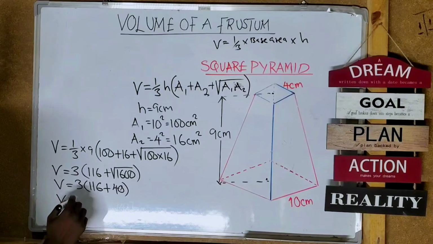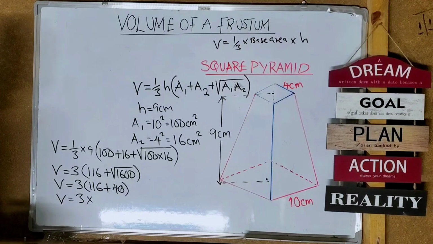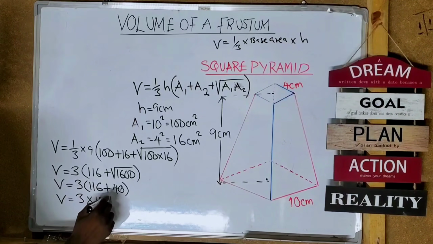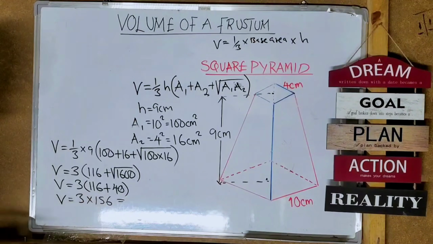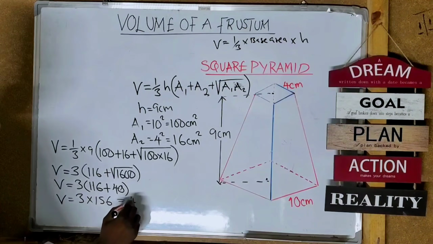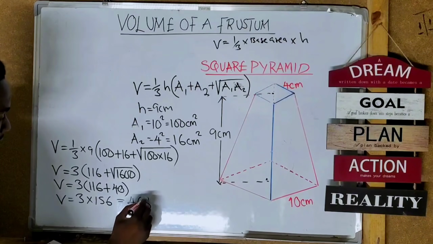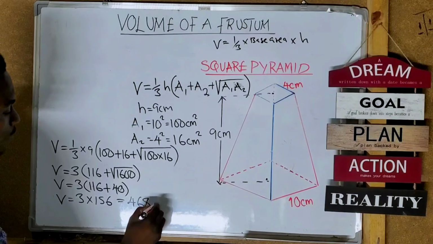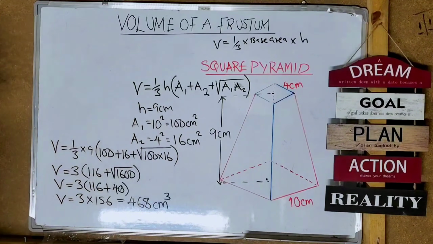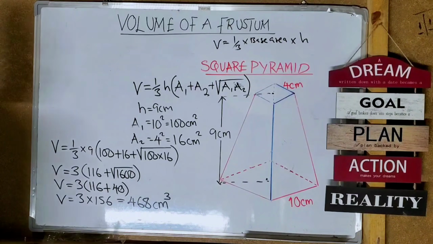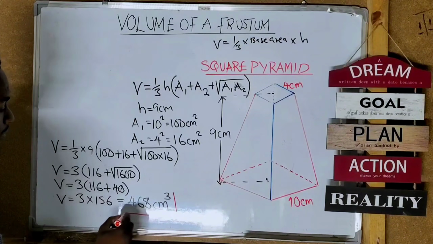Volume is equal to 3 multiplied by the answer you're going to find there, 40 plus 116 is 156. So when you multiply 156 by 3, you're going to have the volume as 468. Since this is volume, it will be in cubic centimeters.